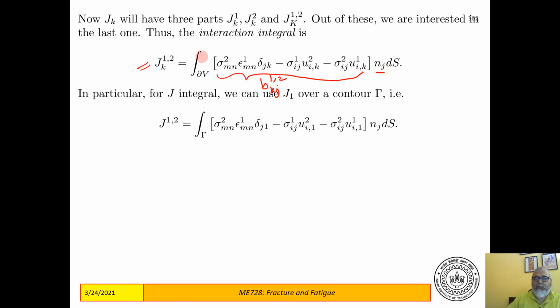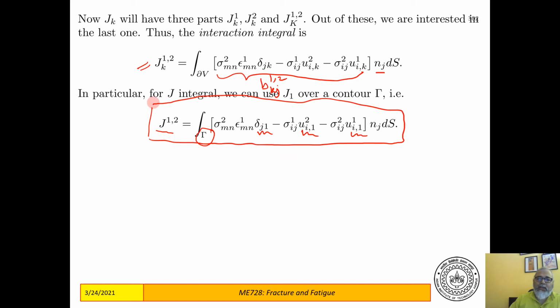And we will now put k equal to 1 because we want j1, and then if we evaluate it over a contour which is not cyclic but starts on the lower crack face and ends at the upper crack face, we will end up with j12, and for j12 we have to put k equal to 1. So that's what I have done. This is j1 and this is ui comma 1, this is also ui comma 1. So this is the interaction integral that needs to be calculated.